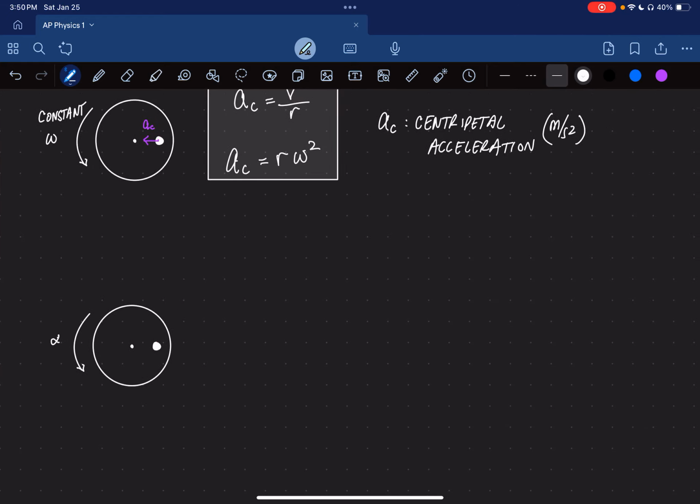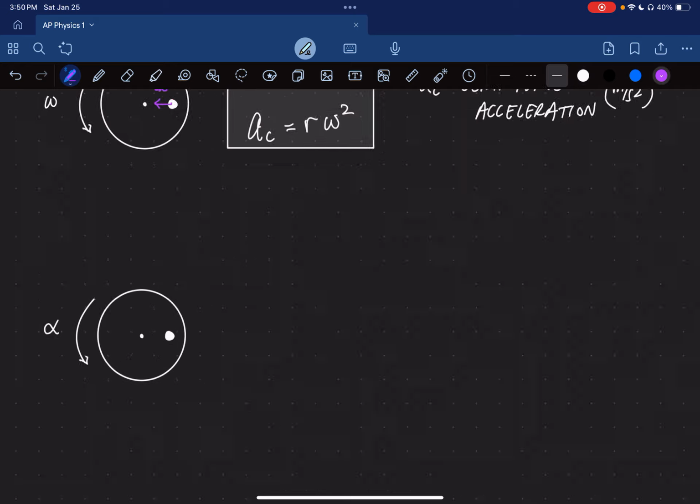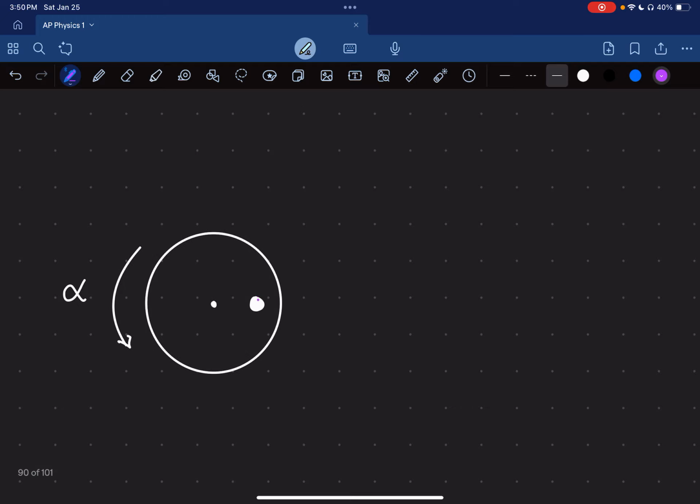Let's say there is angular acceleration here. In other words, the turntable is going faster and faster. The rotation rate is increasing. Well, it also has a tangential acceleration.